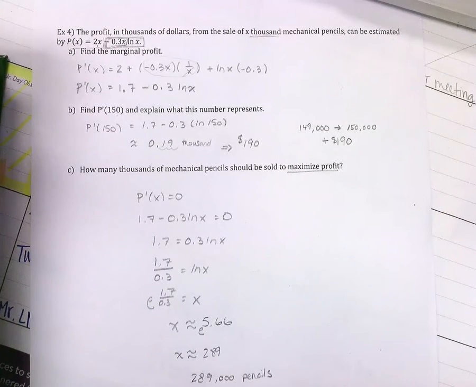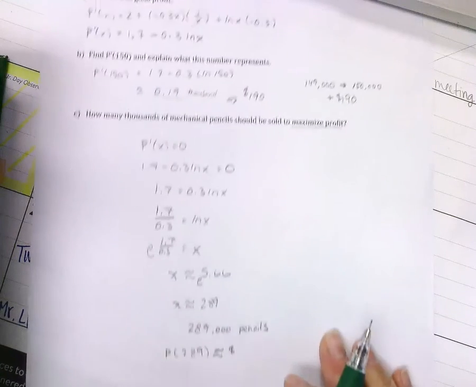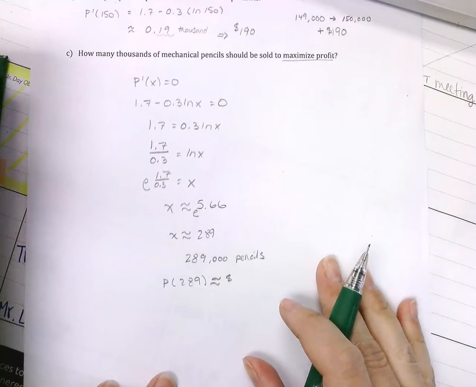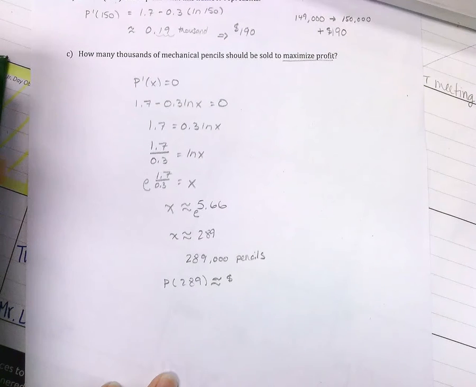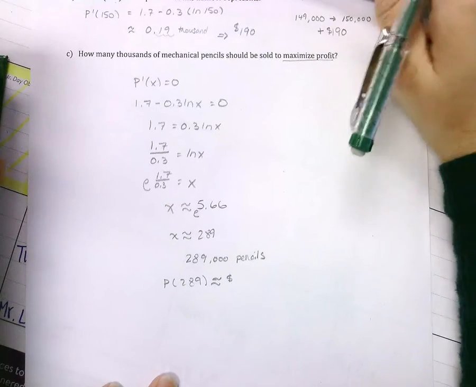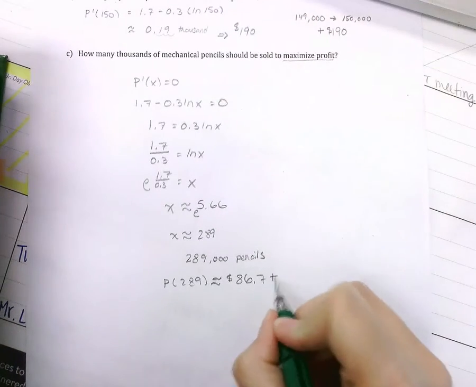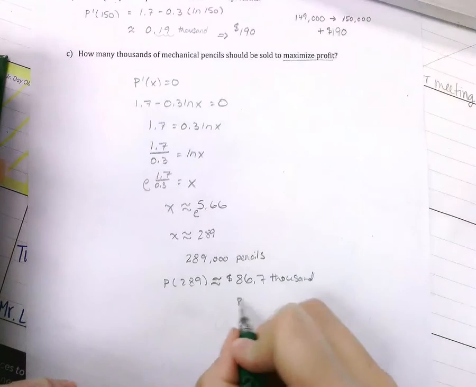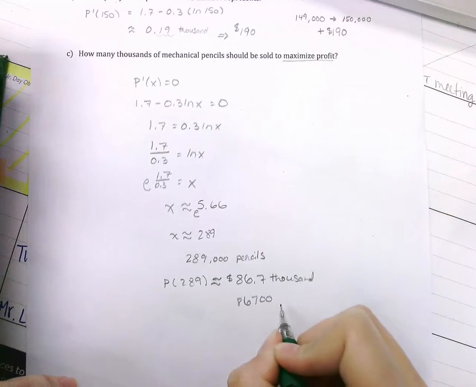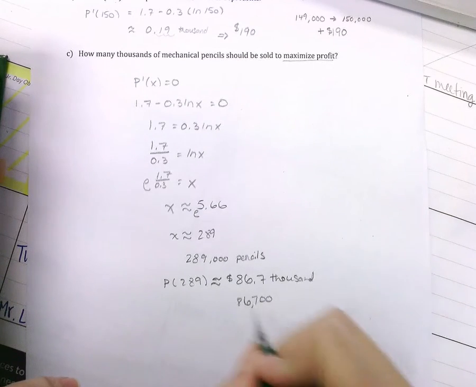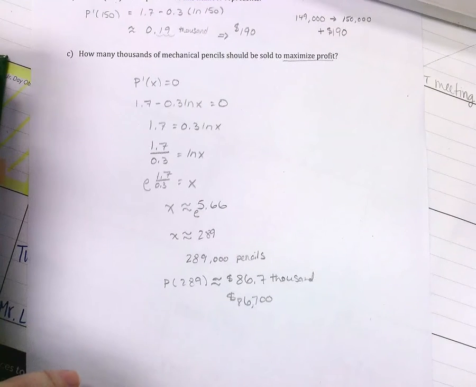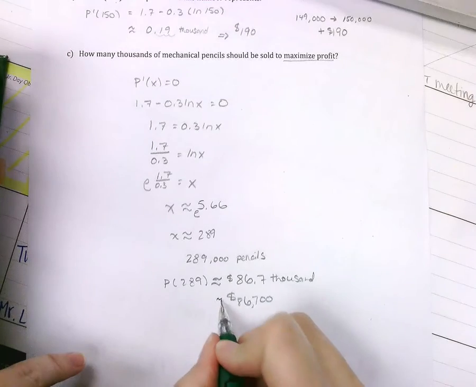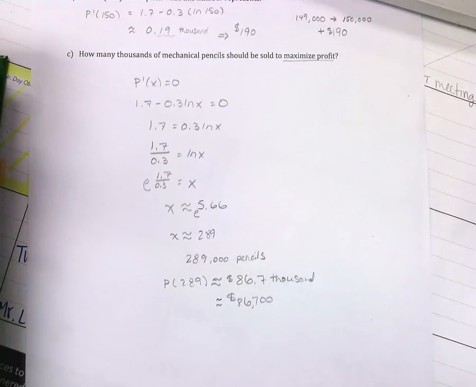They got a good system going here. $86.7 thousand. There you go. That's not enough money.